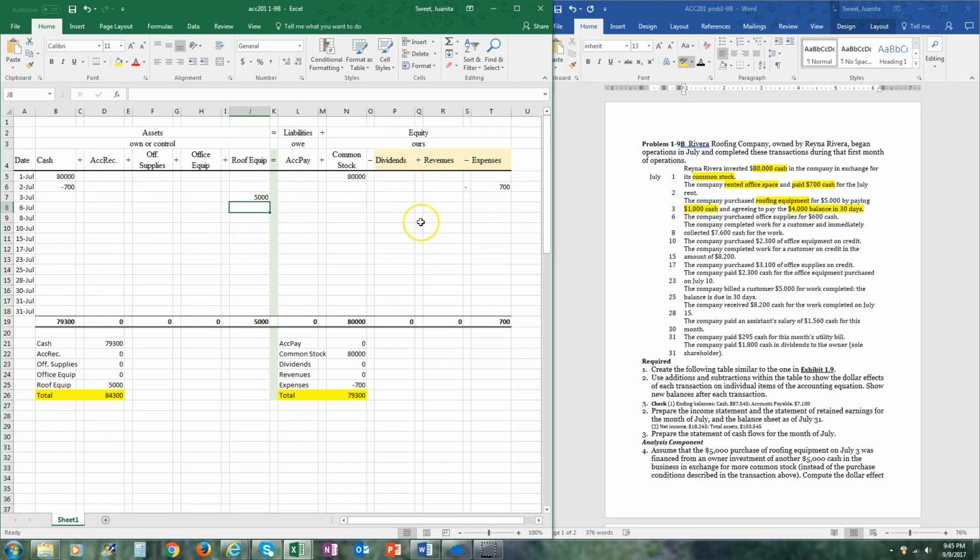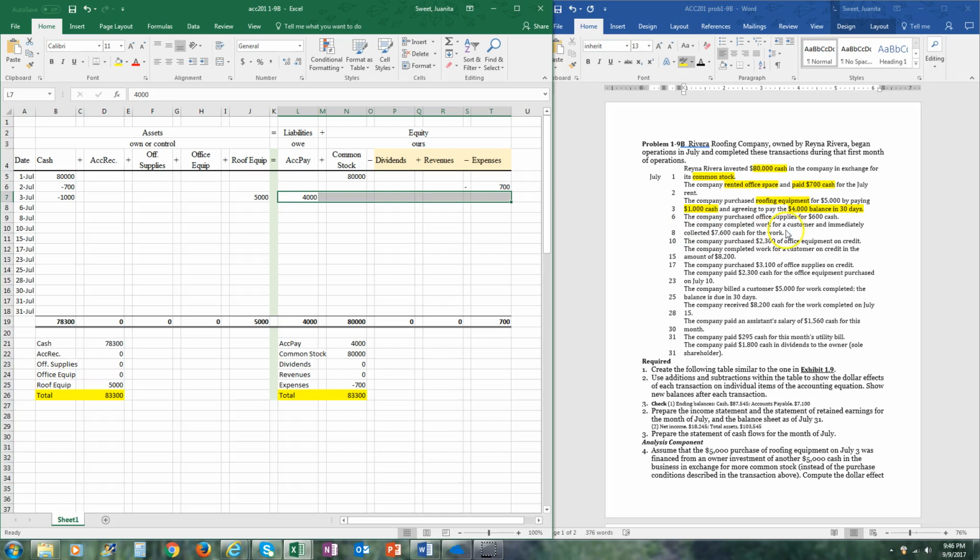Now we need to have something to balance it out so we can be in balance down here. We used cash of $1,000. In the balance it says we're going to pay it. That means we owe the money. It's a liability. It's not a negative amount, it's a positive amount. We owe a positive amount of money. So we now see on this side of the equation, we increased by $4,000. And on this side of the equation, we increased by $4,000. Looking at our totals at the bottom, we see we're in balance.